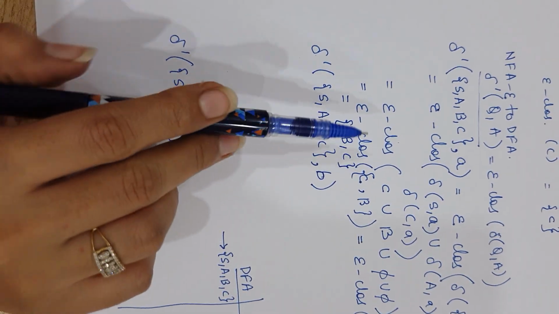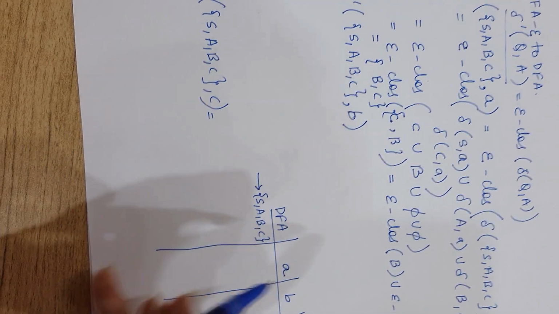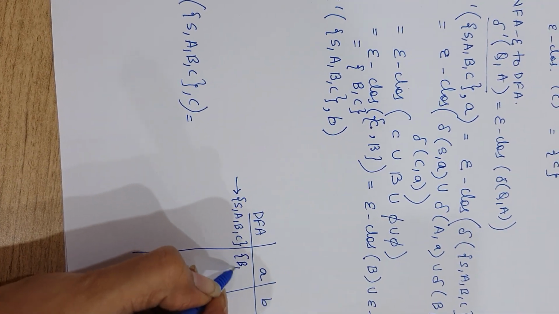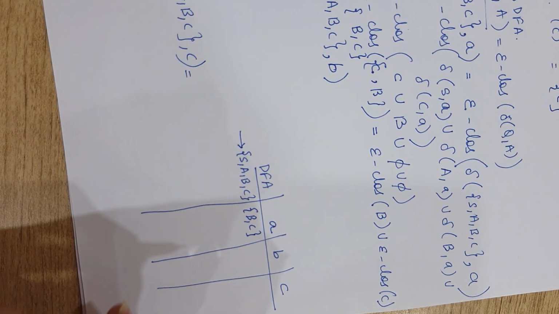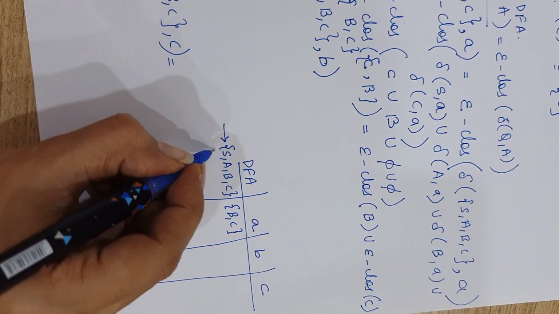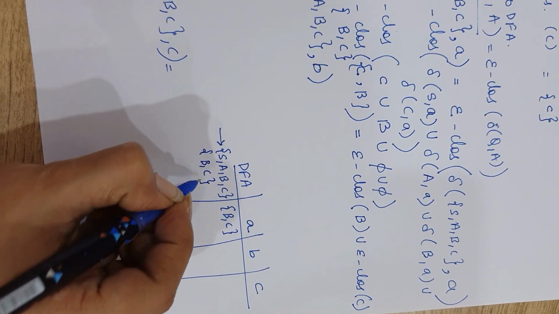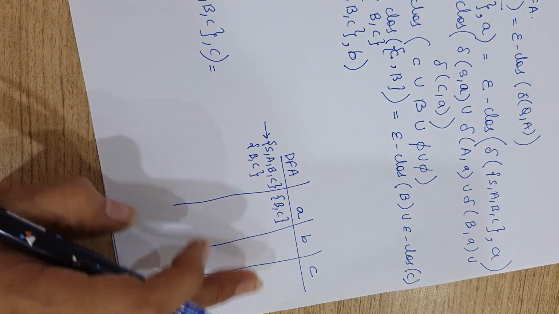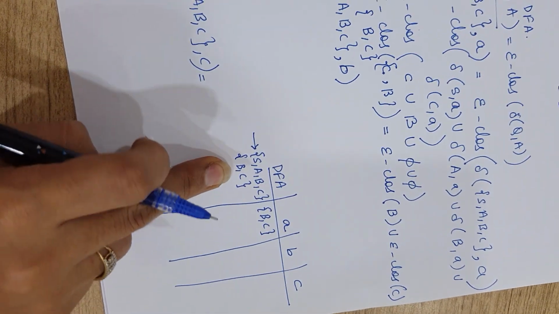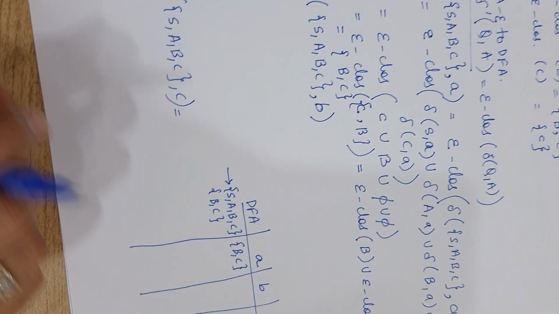So this is transiting SABC with A. The answer which we got we'll write here, which is BC. So the new state which is produced now is BC. After I complete processing this, the new state that I'll be processing is this BC.